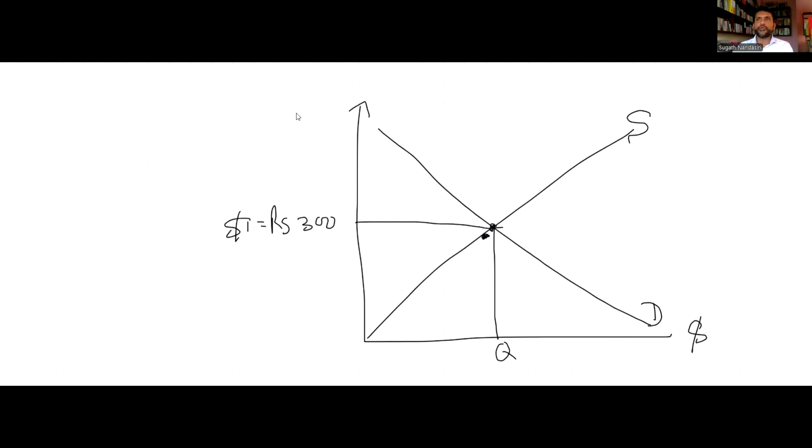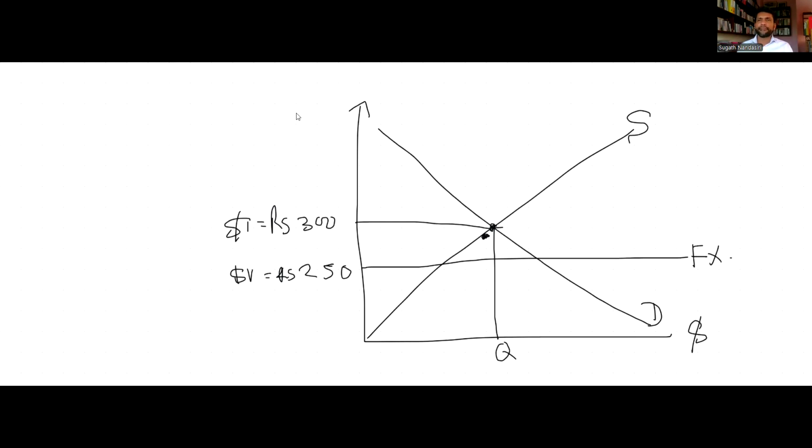Then if someone asks you to show the fixed exchange rate system graphically, this is the way you show it. $1 equals 250 rupees. This is fixed exchange rate. Clear? Right.